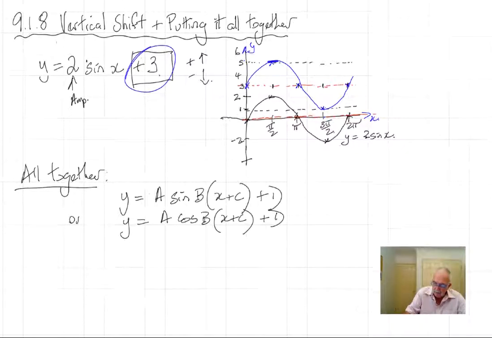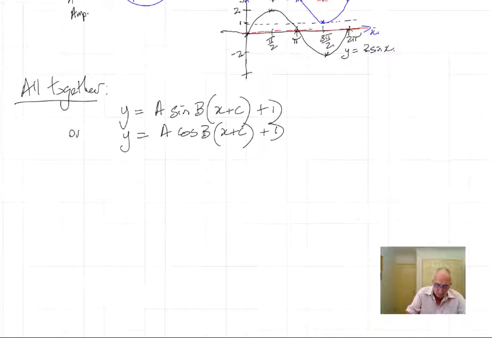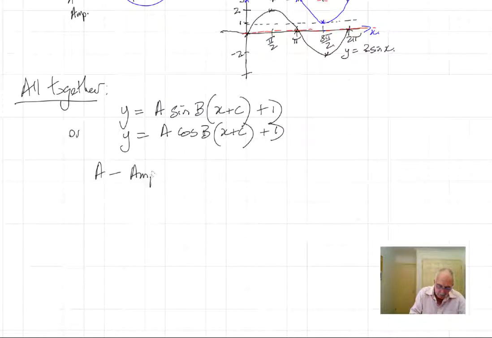Okay, now what do each of those letters mean? A is the amplitude. Don't forget, that's always positive. Amplitude is always positive, but a can have a negative value. You can have a negative out the front there, but the negative simply flips the graph. It's not the amplitude. Always positive, so don't ever say the amplitude is negative.